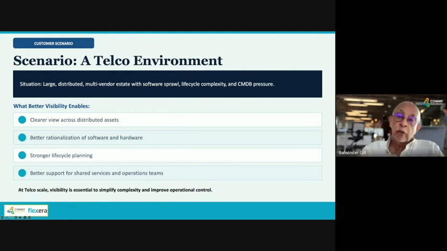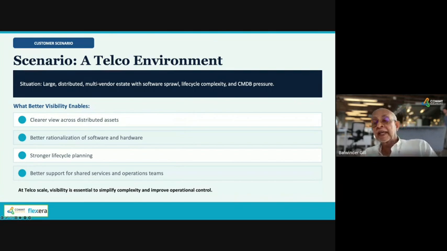In many cases, they have a lot of OEM assets as well that are provided by their solution vendors as a total solution, right? And having visibility of that would be critical as well. Software support is always a challenge, life cycle complexity. Having a reliable and trustworthy CMDB is also important, right?